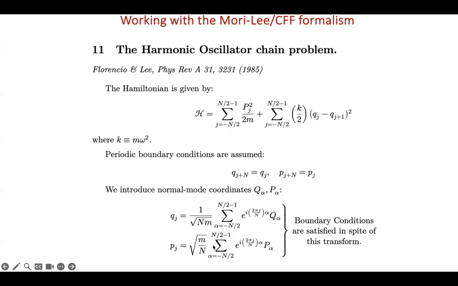So in this case, just like before, you again write the small qj in terms of the capital Q alpha, just the normal mode thing that I showed you, and the small pj in terms of the capital P alpha. So this is the particle-level picture on the left and the mode-level picture on the right, and you have the Fourier transform quantity here.